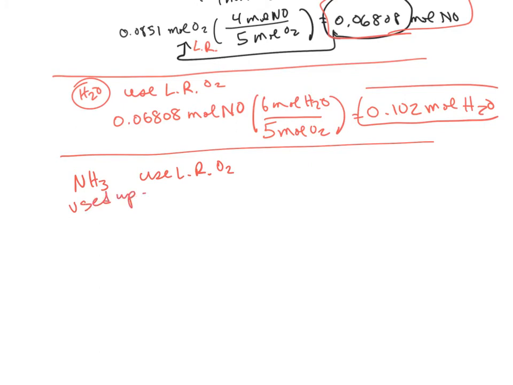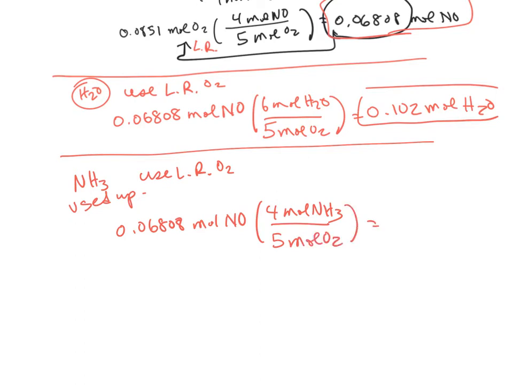So we're going to say 0.06808 moles, and it is a 4 to 5 ratio, 4 moles of NH3 for every 5 moles of O2. This is going to be 0.0681 moles of NH3 consumed.